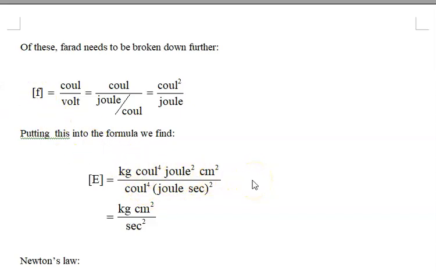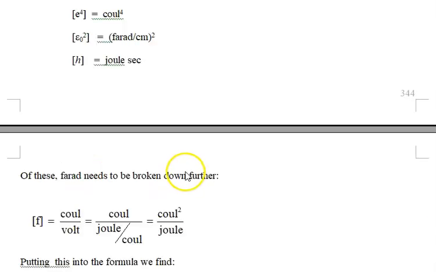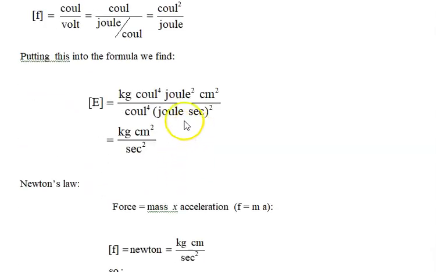And where does the centimeter squared come from? Oh, it's right here, because the units of E0 are farad per centimeter squared. So all of this stuff actually is permittivity squared. If we cancel everything out that we can, the coulombs cancel out, the joules cancel out, and the second squared comes down here.